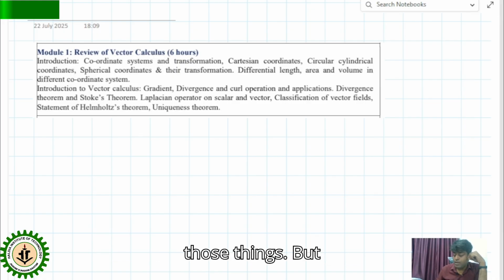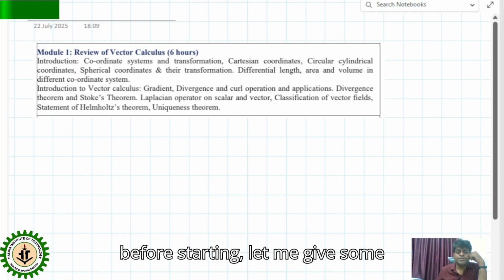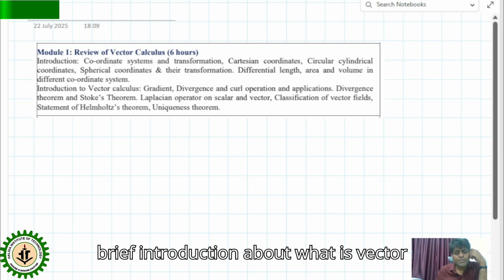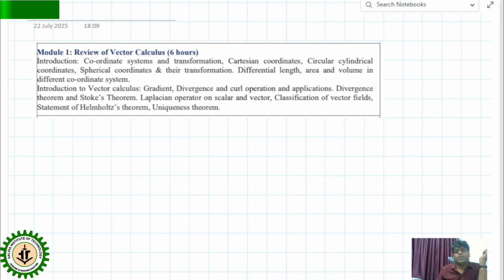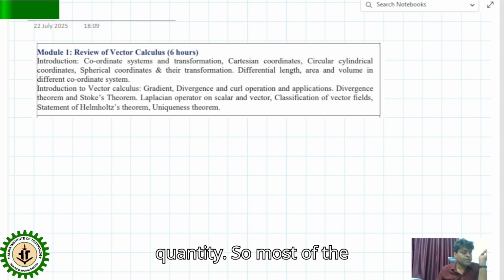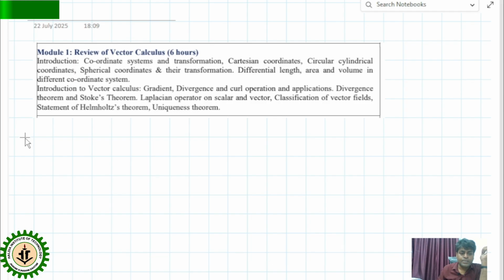But before starting, let me give a brief introduction about what is vector or vector quantity and scalar quantity.